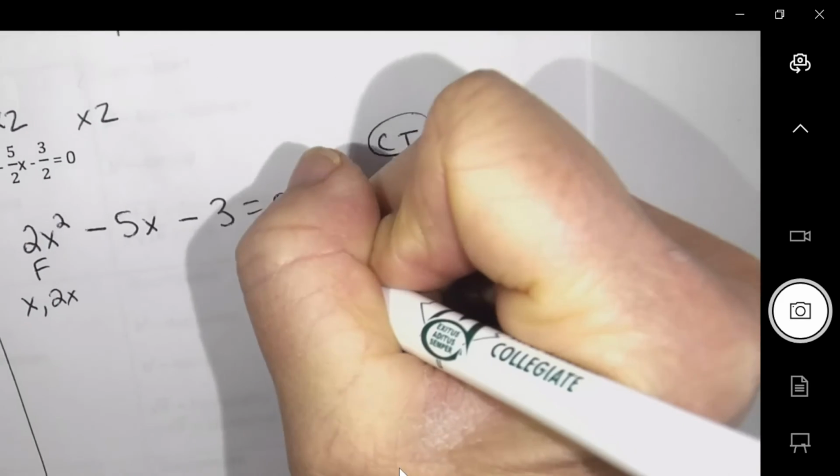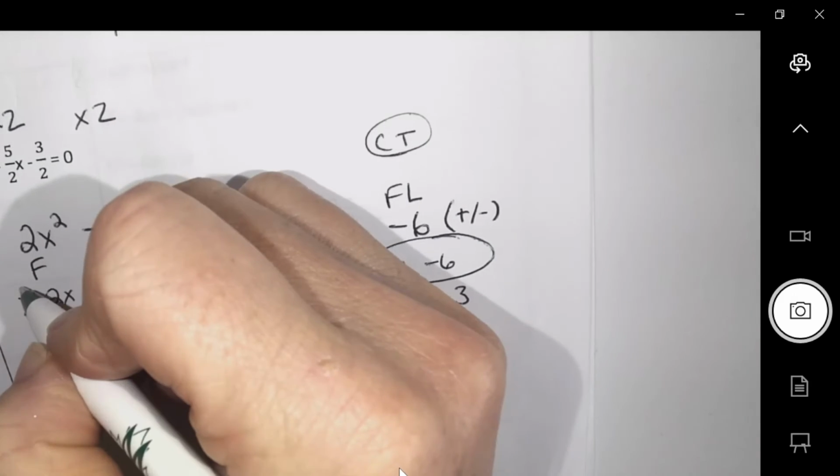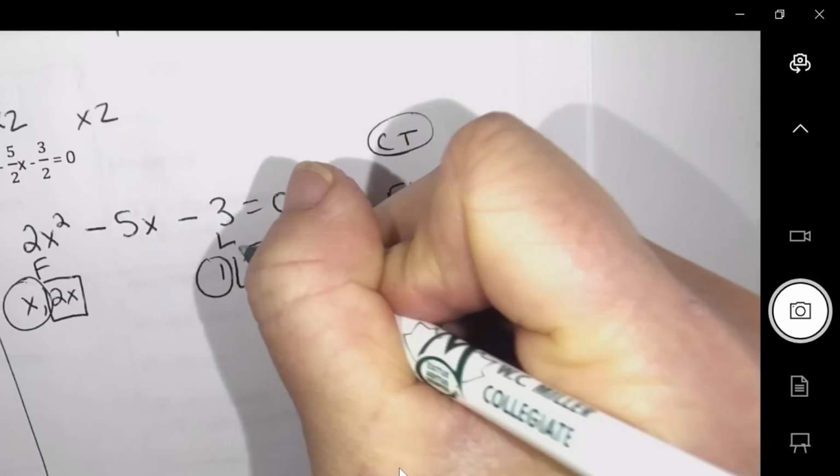First, last. There's not many options. There's just one option for each. So now it's just about understanding how it's connecting in your FOIL. What are you partnering with what in your FOIL system? So I need a 1 partnership and a 6 partnership. A 1 partnership and a 6 partnership.